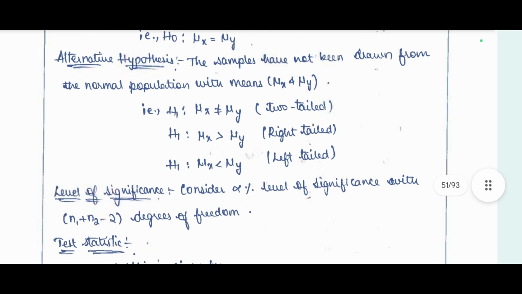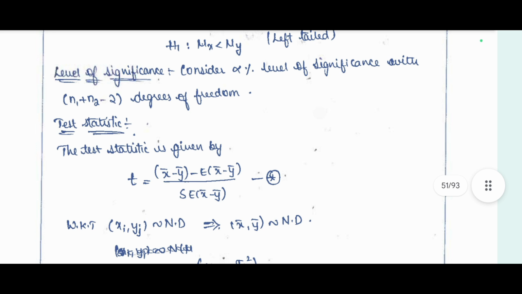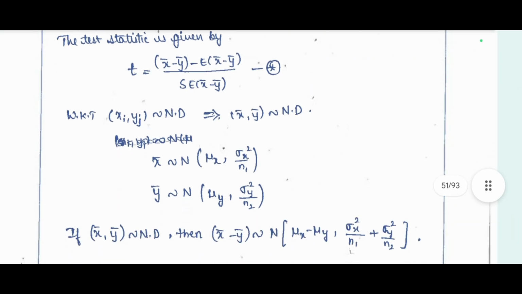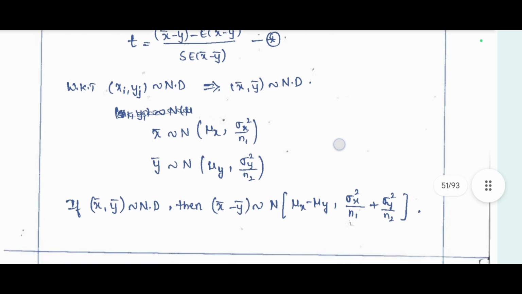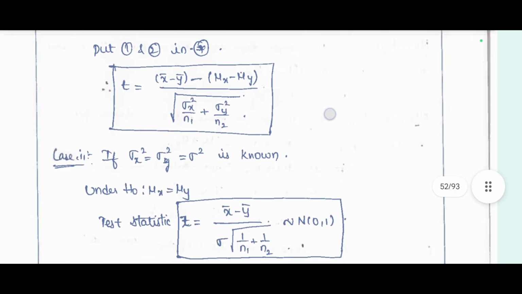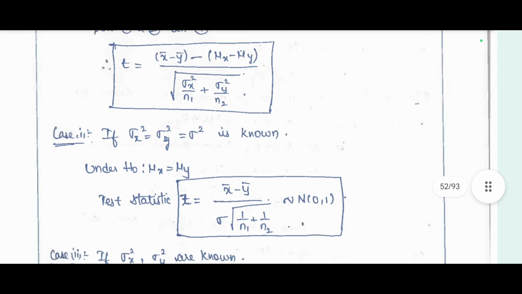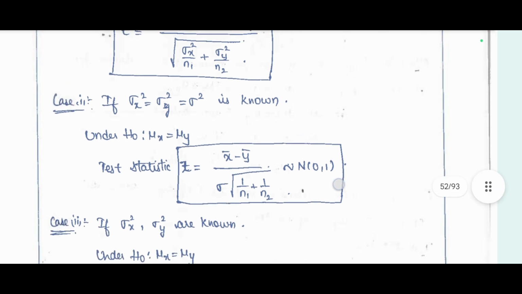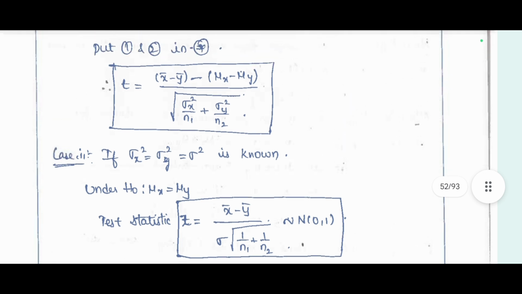Then the level of significance, and the test statistic: x bar minus y bar minus the expected value of x bar minus y bar, divided by the standard error of x bar minus y bar, follows the normal distribution. Here are your values and assumptions and the t calculated value. Case 1: if sigma x square equals sigma y square equals sigma square, then it is common in t calculated.